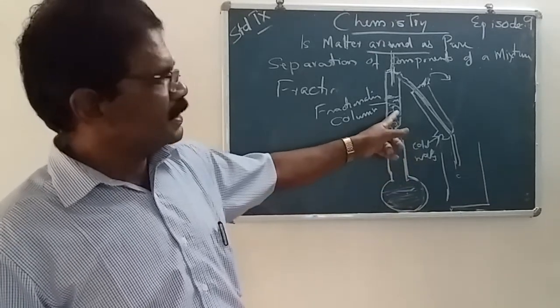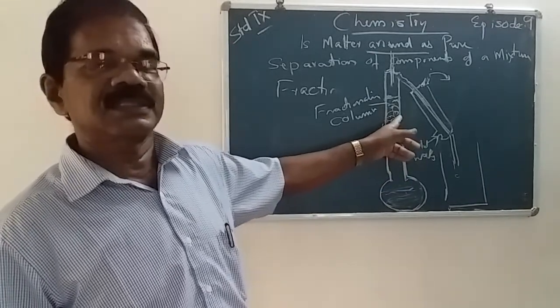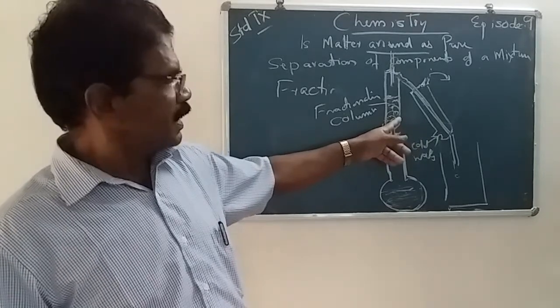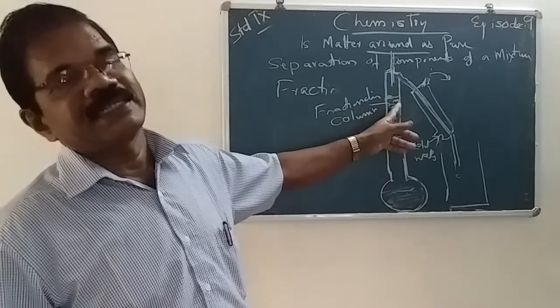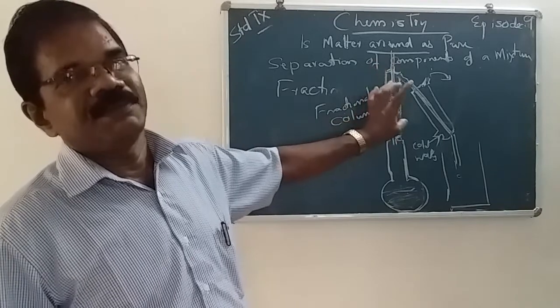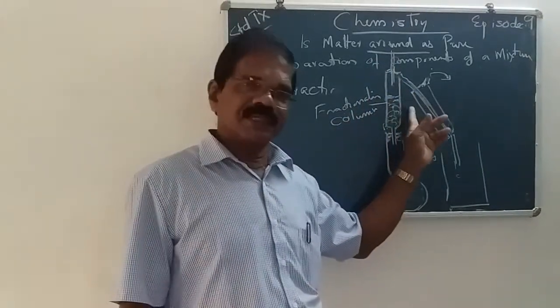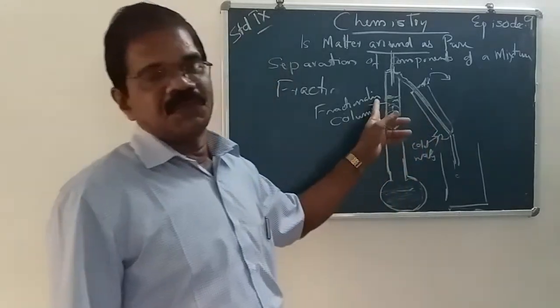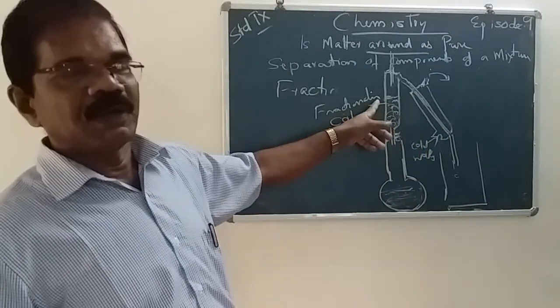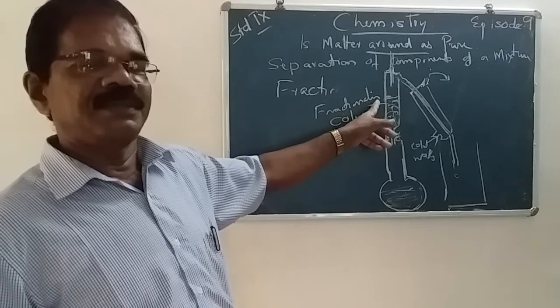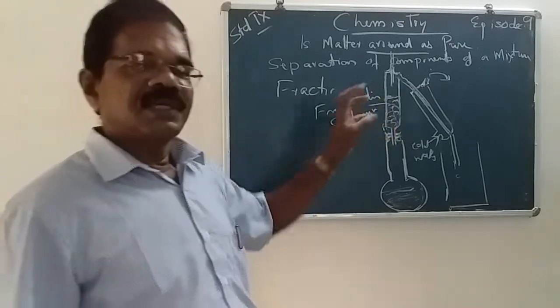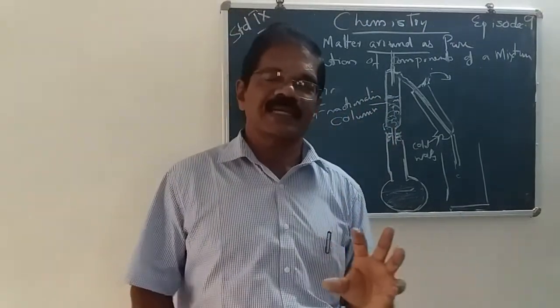Here there is a fractionating column. In the fractionating column there are separate layers, and the different boiling point components can be collected at different points. Then you have to understand the principle of this process. The name of the process is fractional distillation.